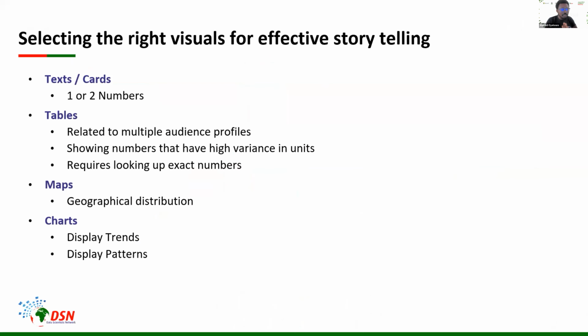Now, number 3 option is related and it's also similar to the number 1 option for when you need to choose to use tables. And that is when your presentation requires looking up exact numbers. You have to look up the exact numbers. That means the decision that needs to be taken relies heavily on seeing the exact numbers.